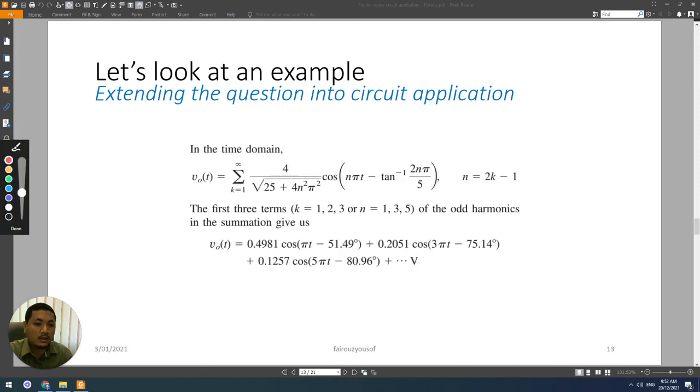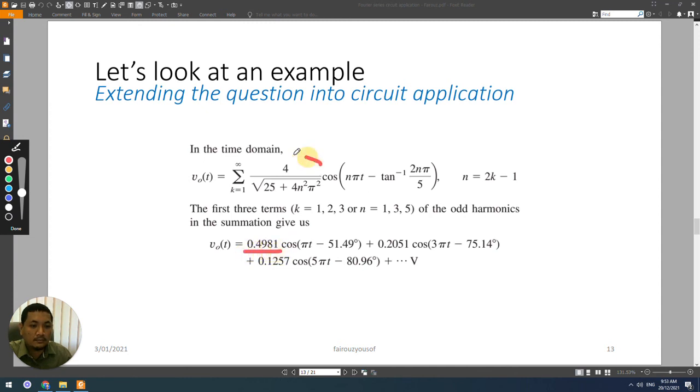Here we can calculate the first three terms, which is k equals 1, 2, 3, or n equals 1, 3, 5. First three terms we calculate will give us this.